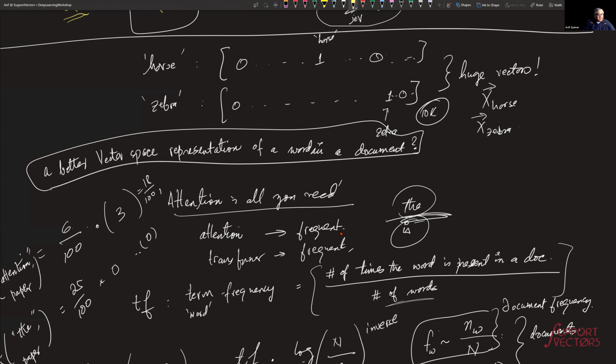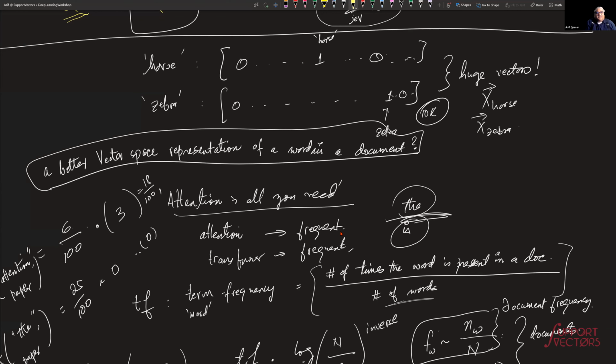There is a catch to that. When you try to do that, you realize that much more common than the word horse in an article that is genuinely about horses, much more common than the word horse will be the word the itself, is, and so forth. They'll be prolific, they'll be everywhere. So we need to find some other measure.